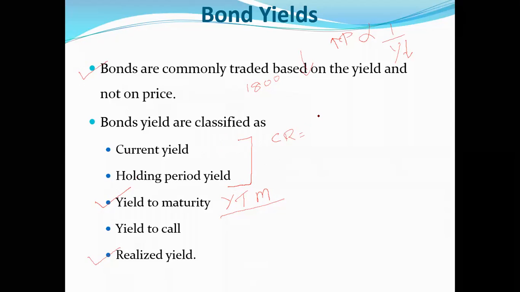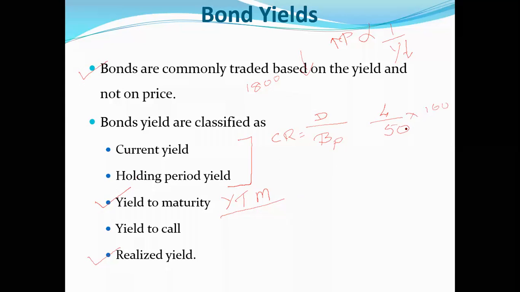On the numerator, you will have your dividend, divided by the beginning price, which is the price at which you purchased it. Suppose the share has given a dividend of 4 rupees and I have purchased this share for 50 rupees.